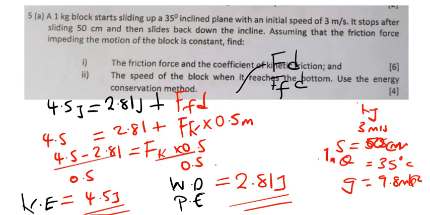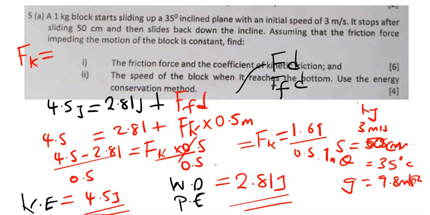So the friction force Fk will be 4.5 minus 2.81, which gives 1.69, divided by 0.5, giving me 3.38 Newton. That will be the friction force.